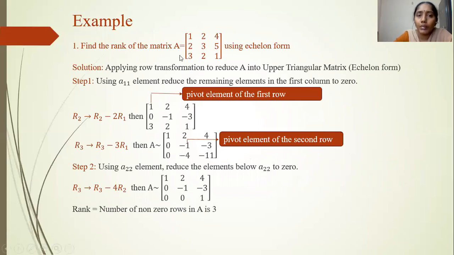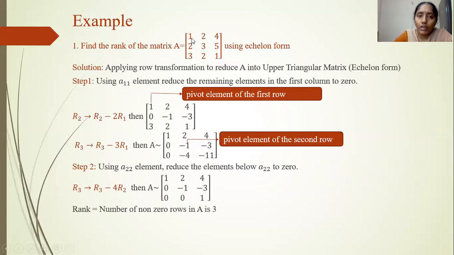Find the rank of the matrix A equal to 1, 2, 4; 2, 3, 5; 3, 2, 1 using echelon form. Applying row transformations to reduce A into upper triangular matrix or echelon form. First, choose the pivot element. That means make A11 a non-zero value.